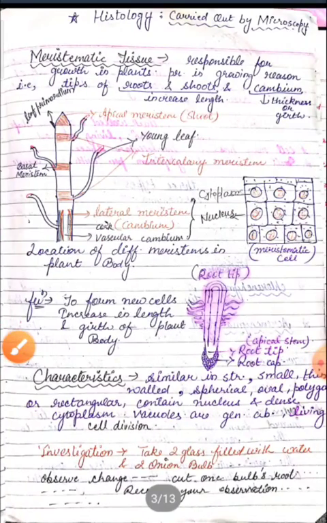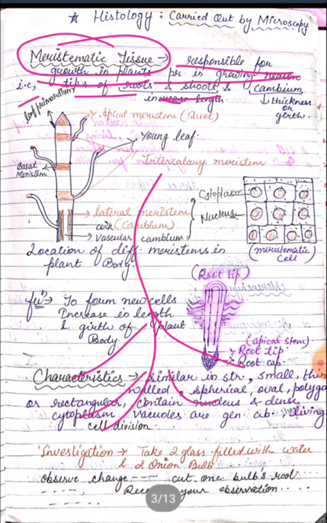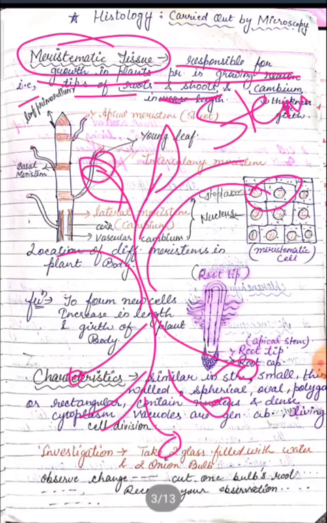Let's understand meristematic tissue from this. It is responsible for the growth of the plant and is present in growing regions, that is, the tips of roots and shoots. If we consider that this is a root, then this is the tip of the root. And if we consider that this is the shoot, meaning stem, then there is the tip of the shoot.